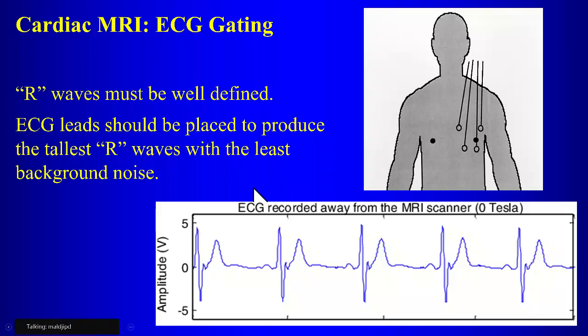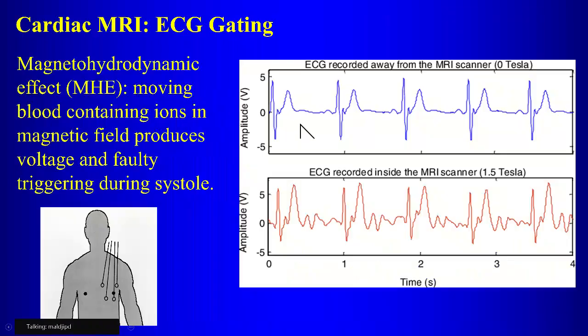Now, initially, when you put leads on a patient, that's pretty easy to do, but things get complicated once you put the patient inside an MRI scanner. Outside of the MRI scanner, if you put leads on the patient and they have a regular rhythm, the R waves are pretty easy to identify. But once you place the patient inside of the magnet, there's something called the magnetohydrodynamic effect.